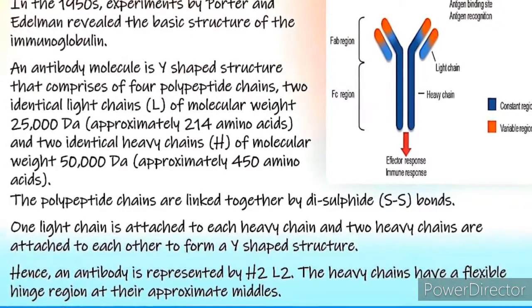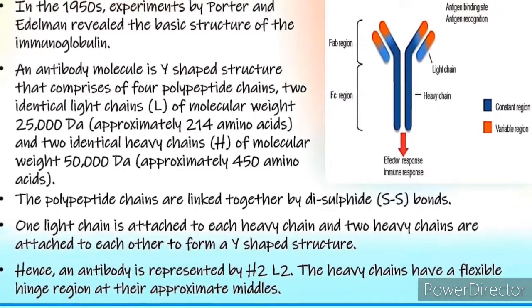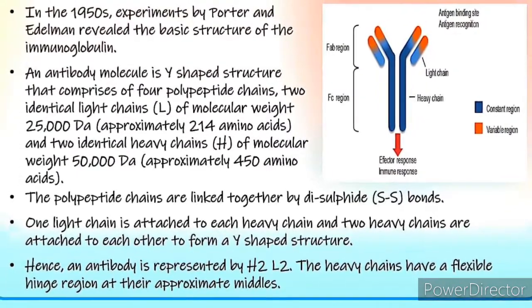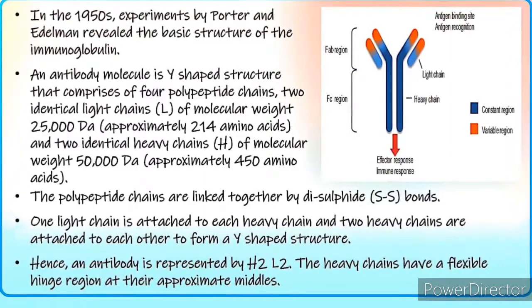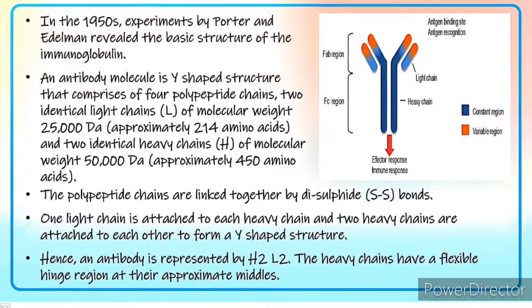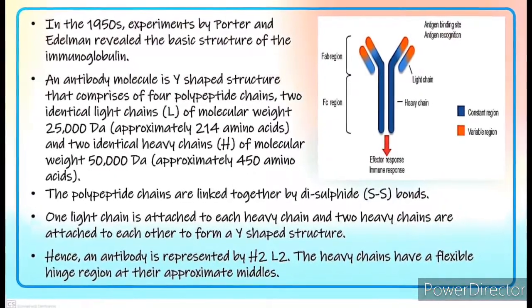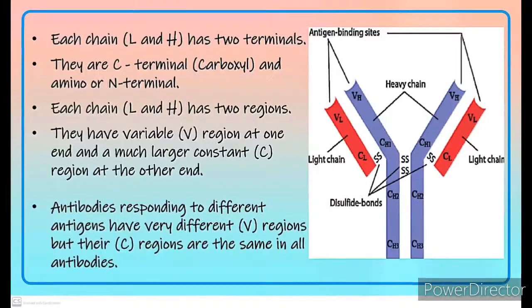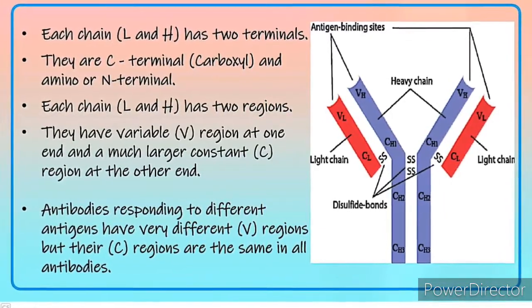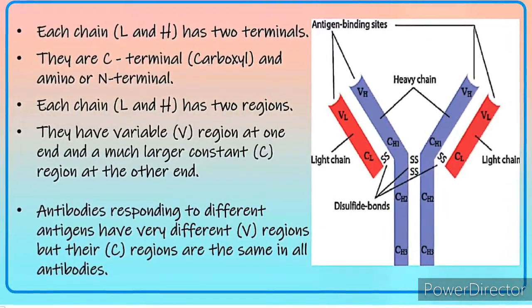Structure of antibody. It is a Y-shaped structure having 4 polypeptide chains: 2 identical light chains, weight 25,000 Daltons, and 2 identical heavy chains, weight 50,000 Daltons. Both are linked together by disulfide bonds. There are 2 terminals, that is regions, C terminal and amino terminal.